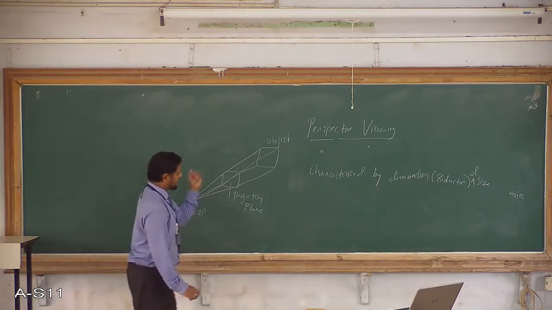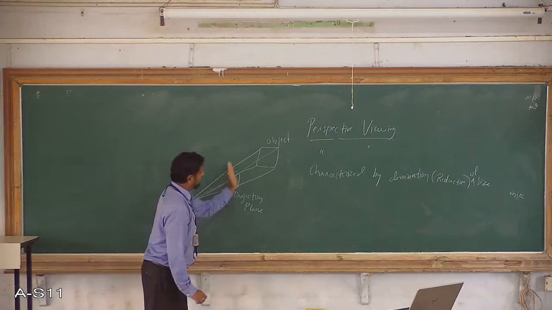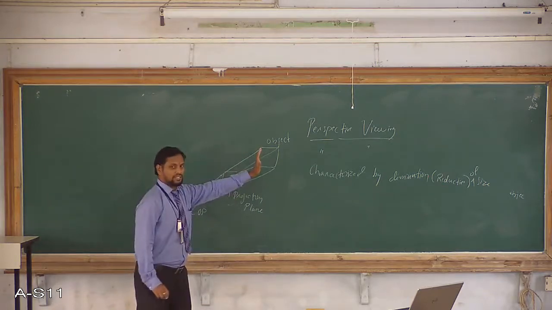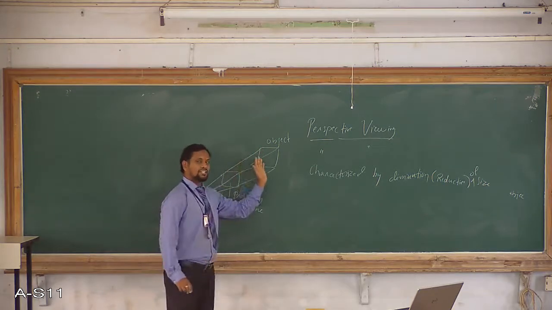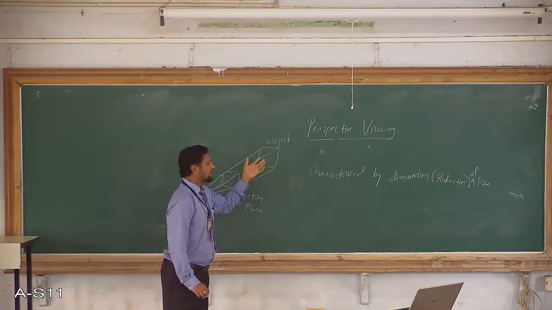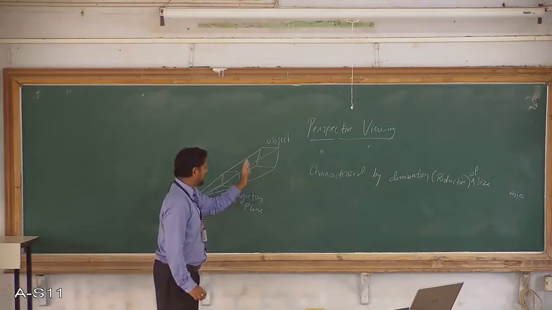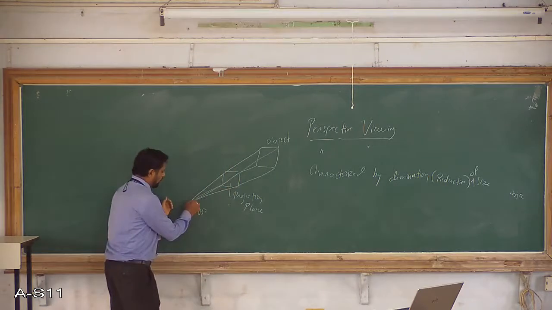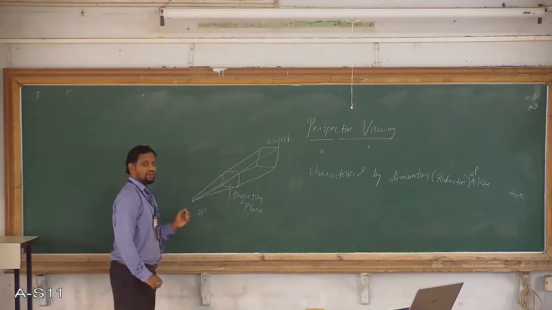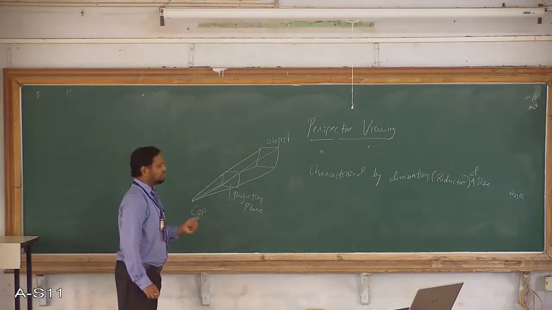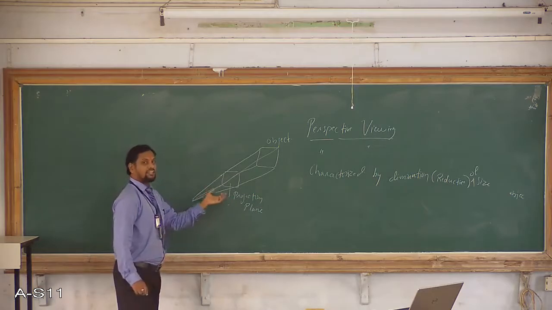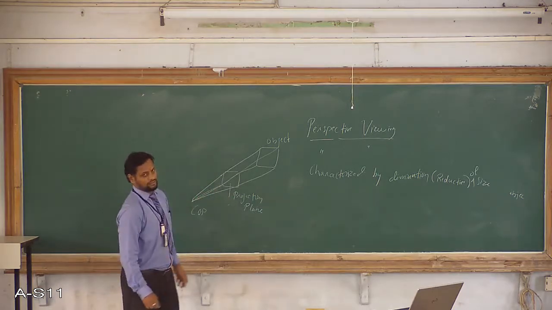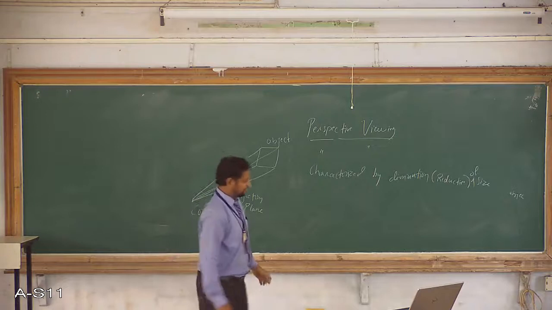As and when I move my projection plane towards the actual object, the size of the object will keep on increasing. As and how I take it towards the camera or center of projection, the size of the object will keep on reducing. Okay, so this is the fact here.